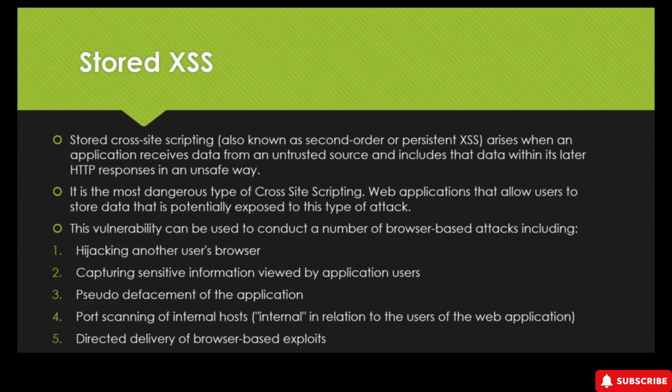This vulnerability can be used to conduct a number of browser-based attacks, including hijacking another user's browser, capturing sensitive information viewed by application users, pseudo defacement of the application. Pseudo defacement over here refers to defacement which happens for a very short period of time. Port scanning of internal hosts, internal in relation to the user of the application, directed delivery of browser-based exploits, and other malicious activities.